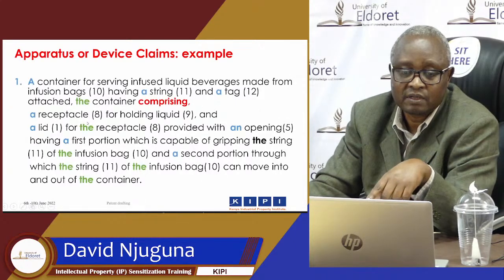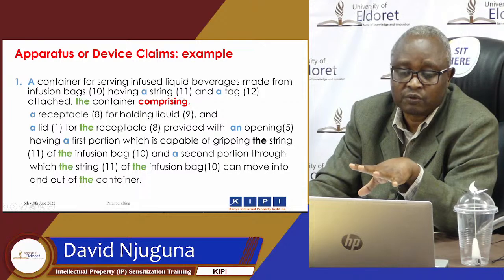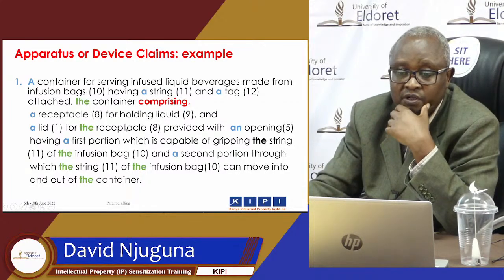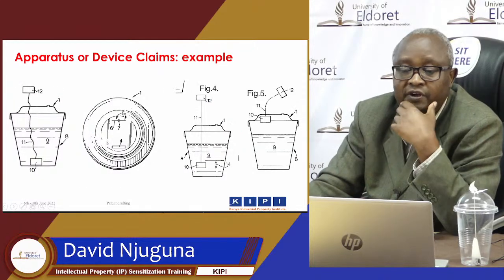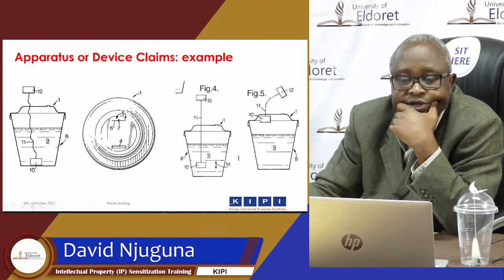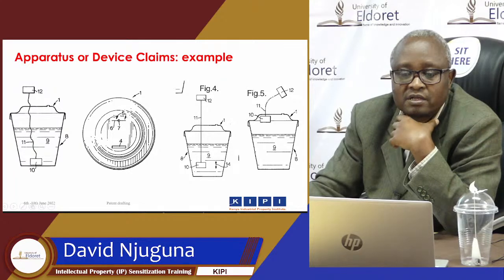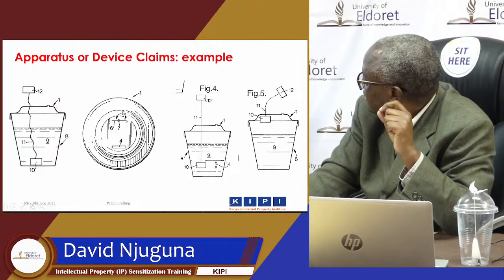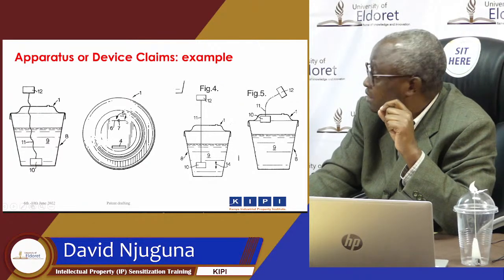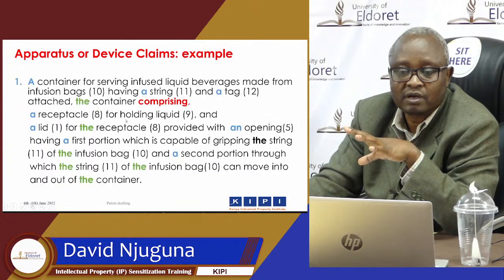For the receptacle, just to cover the receptacle, provided with an opening. So you go to 5, you find where the opening is. It's somewhere there. So that whole portion is what is being called an opening. Like a tiny hole there, and the slit across there. So that is the opening.